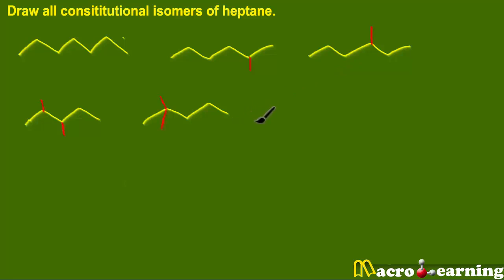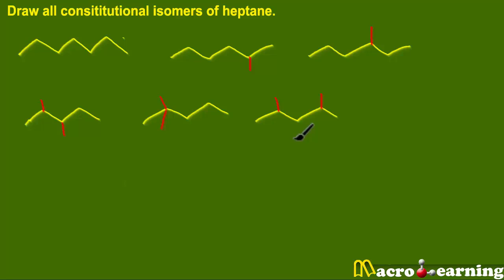Or could it be one on this carbon and one on this carbon? Yep, that's a 6th isomer. So have we exhausted all the possibilities for 2 methyl groups onto a 5-carbon chain?